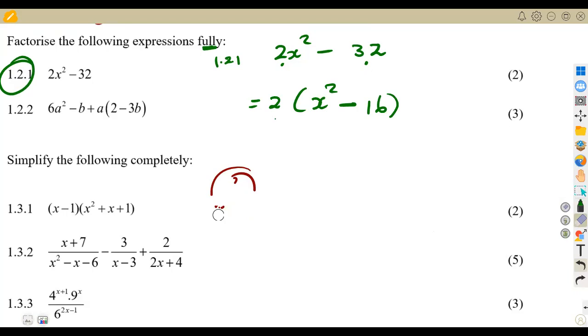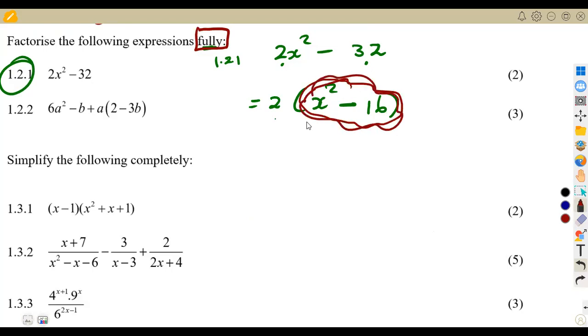So the question is, am I done factorizing? Is it factorized fully? Because it is supposed to be fully factorized. In order for us to have this fully factorized, we are supposed to check through and see how we can factorize further if there is a possibility for you to do so. So in this case, yes, there's a possibility, because as we check, what is inside of the bracket is a difference of 2 squares.